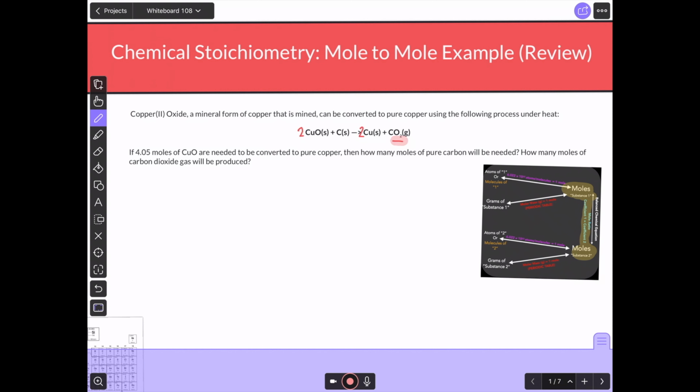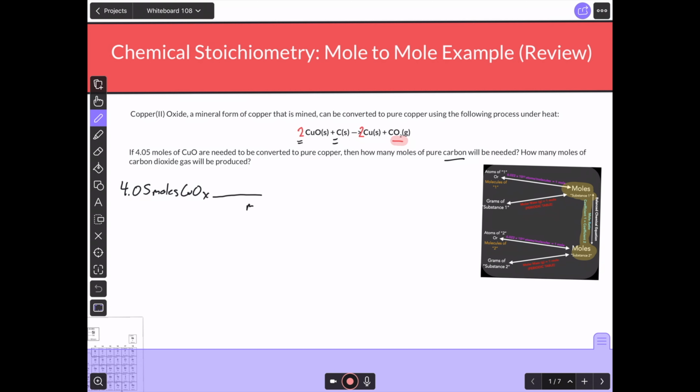So we need to convert copper oxide moles into moles of carbon. And so that means we're going to use the ratio between copper oxide and carbon, which is a 2-to-1 ratio.